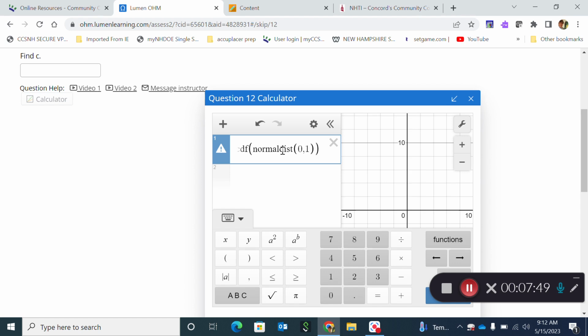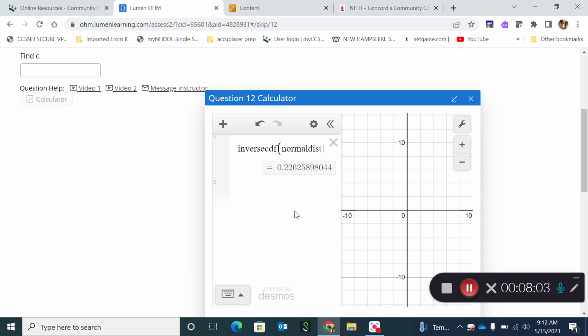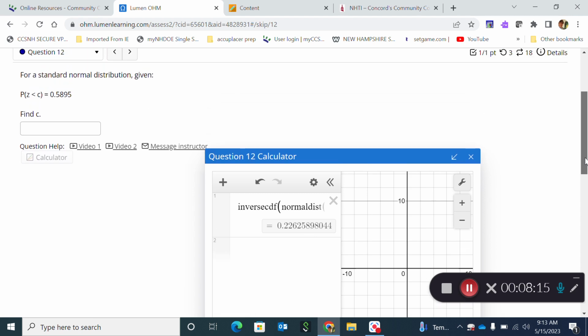Okay, so inside that outer parentheses, so we've got the parentheses around inverse CDF, comma, putting in 0.5895, and if you like, you can ask it to show you the graph of this. Well, maybe it's not showing me the graph. Well, let's not worry about that. So this is the z-score, 0.226. That would have that cutoff.